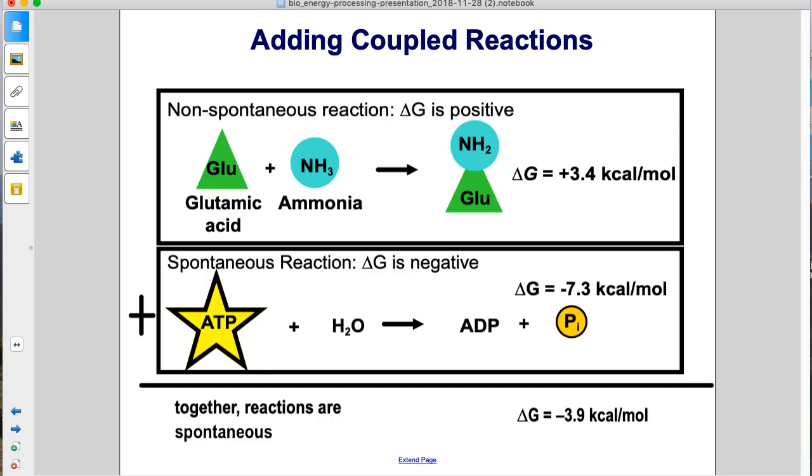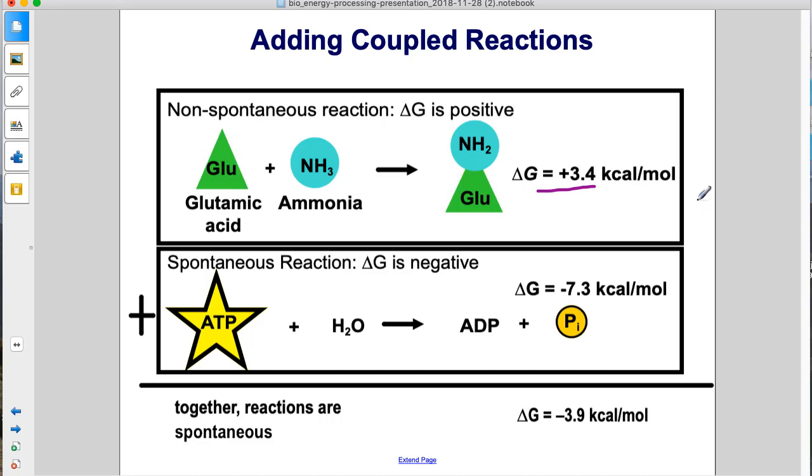Adding coupled reactions. Here you can see two reactions that have been coupled together. The first reaction here is a non-spontaneous reaction, or an endergonic or anabolic pathway. And you can see that because the change in Gibbs free energy here is positive.